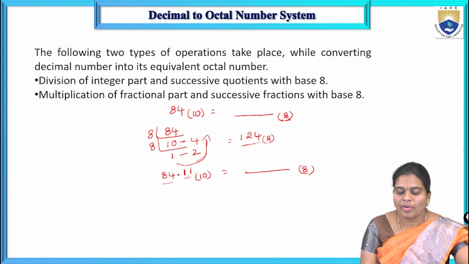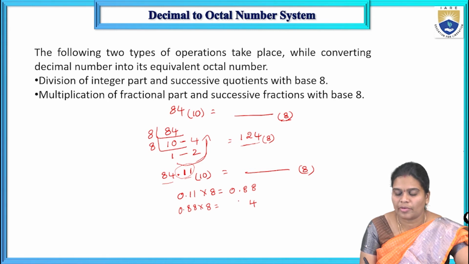Now we have only the right side, 0.11 into 8, which is 0.88. Again 0.88 into 8 gives 7.04. Again 0.04 into 8 gives 0.32.